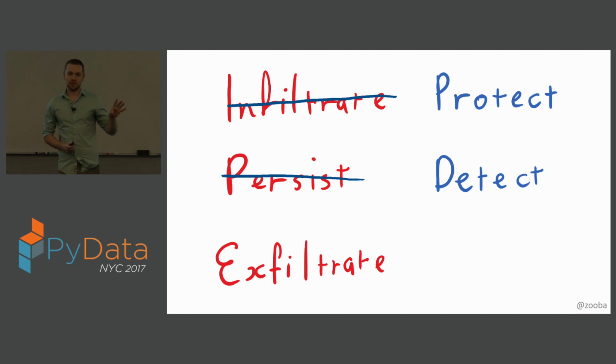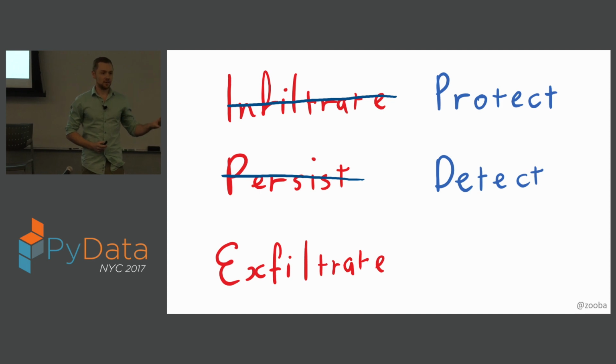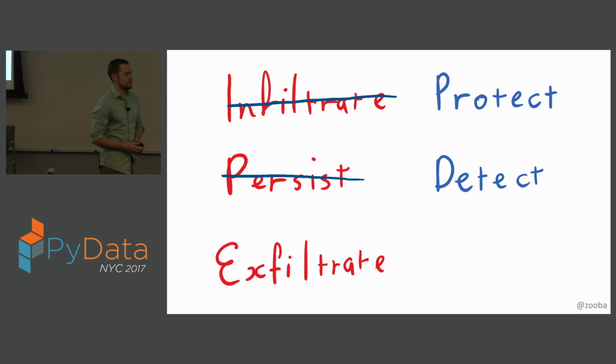And these days we're seeing what are called advanced persistent threats, where they stay there for years without taking anything, without causing any damage, just sitting inside your network, replicating from machine to machine, completely undetected, and able to do whatever they want, whenever they want, because they've persisted so well and you haven't detected them. And finally, they're going to try and exfiltrate.